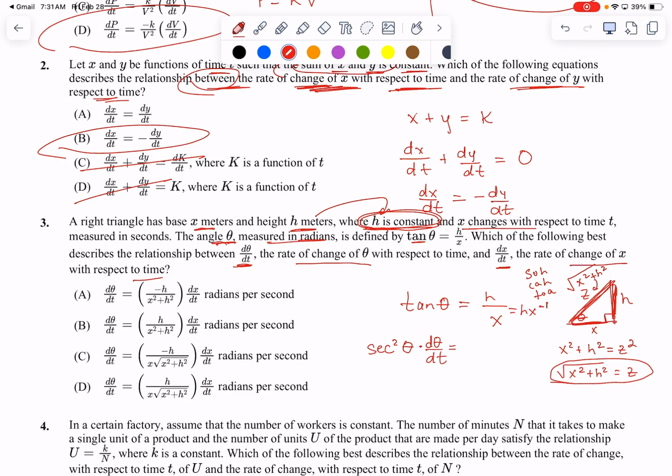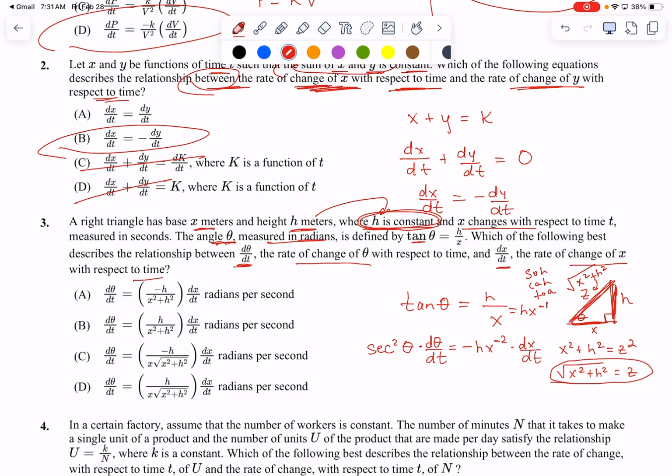Do you agree with that? So then I don't have to use quotient rule because h is constant. And if you want to change h to a k, you can, but I'm not going to because they told us h is constant, so I'm going to treat h as the constant, like we would k usually. All right, so it's going to be negative h x to the -2 times dx dt.